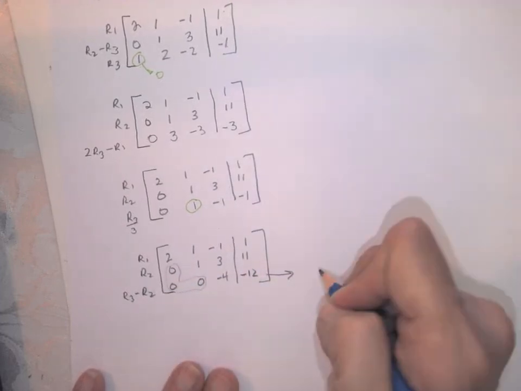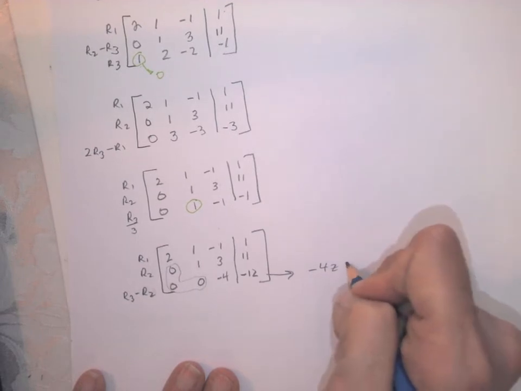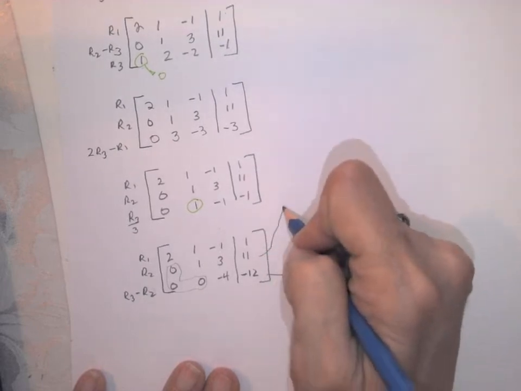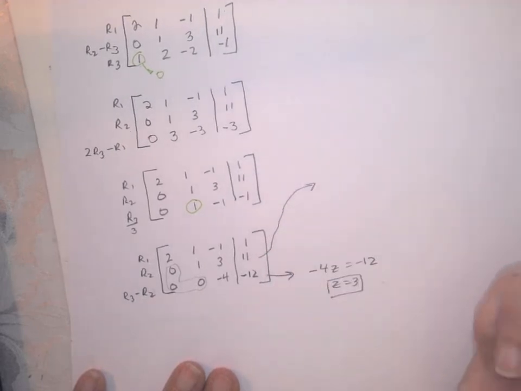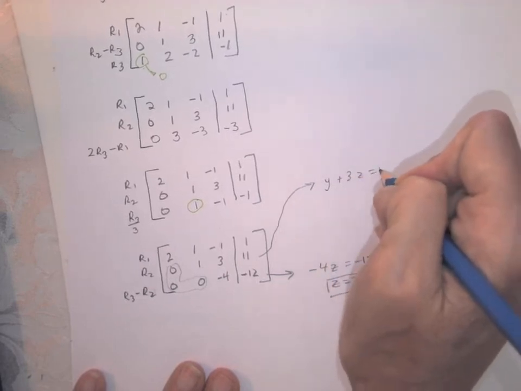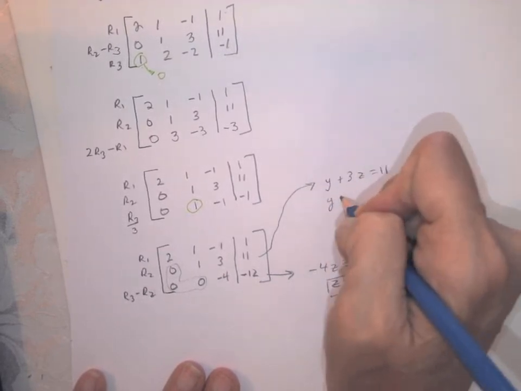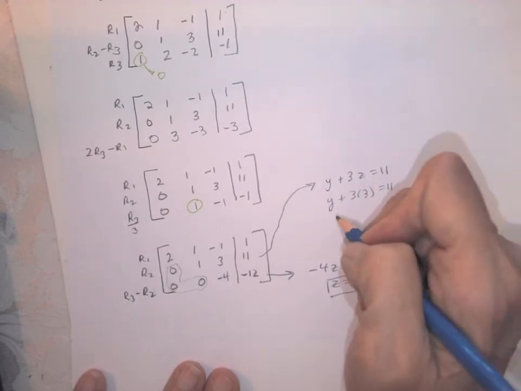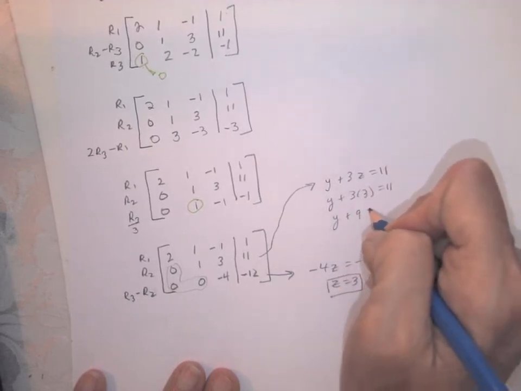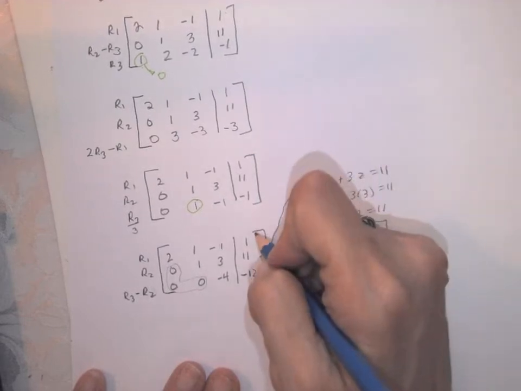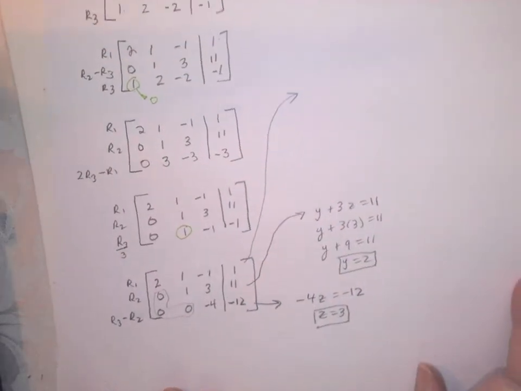So the bottom row tells us that negative 4z equals negative 12. So we know that z is positive 3. And then we're going to back substitute. So our second line tells us that y plus 3z equals 11, but we know z is 3. So that's going to be y equals 2. And then we can use our first row to get x.